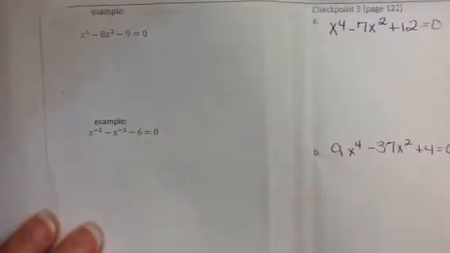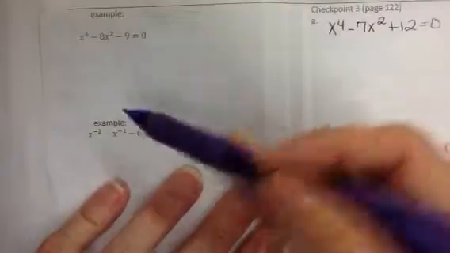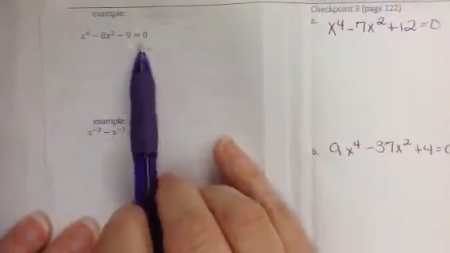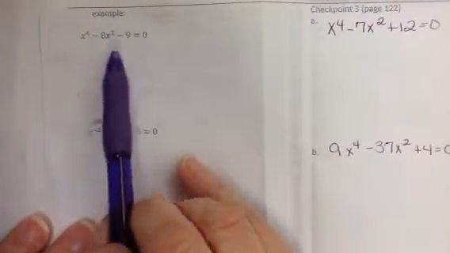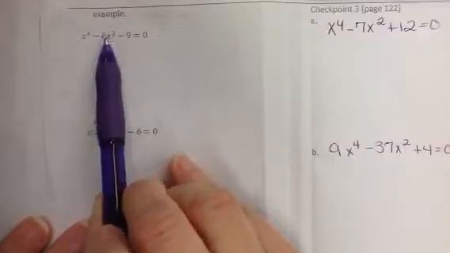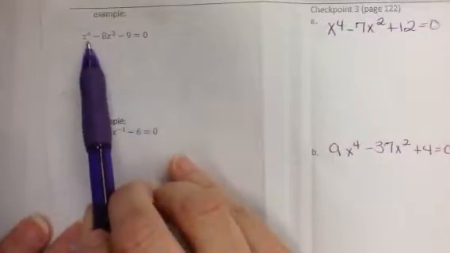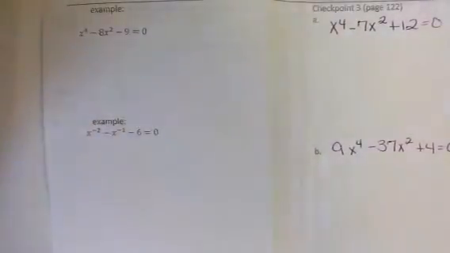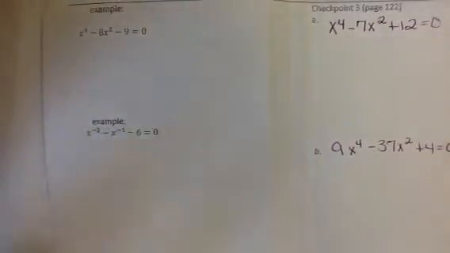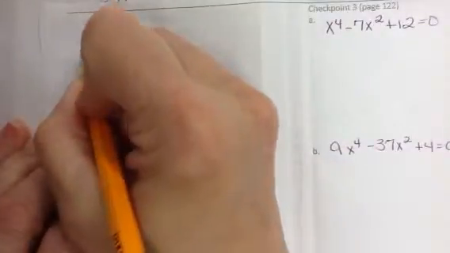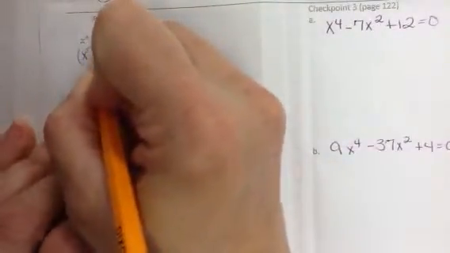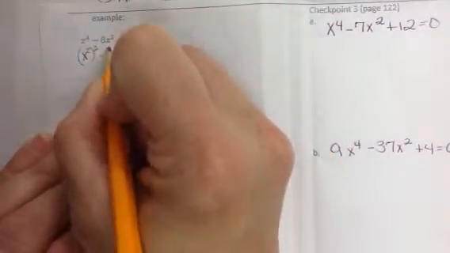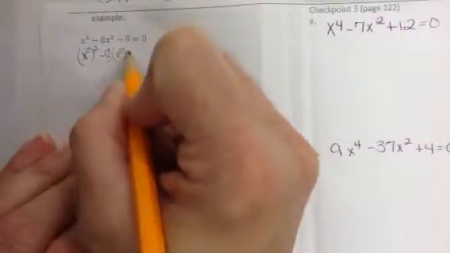So we're going to start by working out this example. When we look for the quadratic form, this is in the middle x squared. If we squared it, we would have x to the fourth. So you could think about this as x squared squared minus 8x squared minus 9 equals 0.